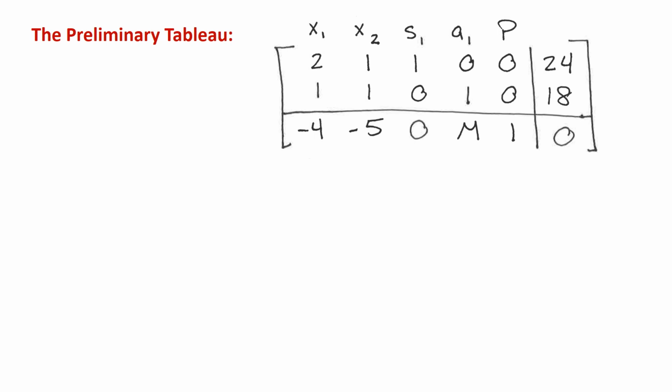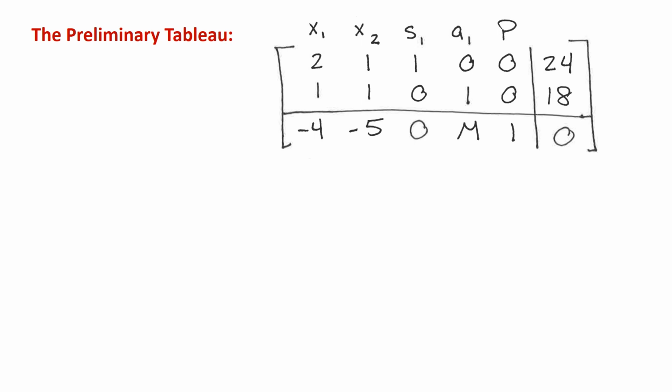Row 2 is 1, 1, 0, 1, 0, 18. And row 3 is negative 4, negative 5, 0, m, 1, 0. Now notice, in this particular tableau, even though we have 3 rows, as of right now, we only have 2 basic variables, and those are s1 and p.